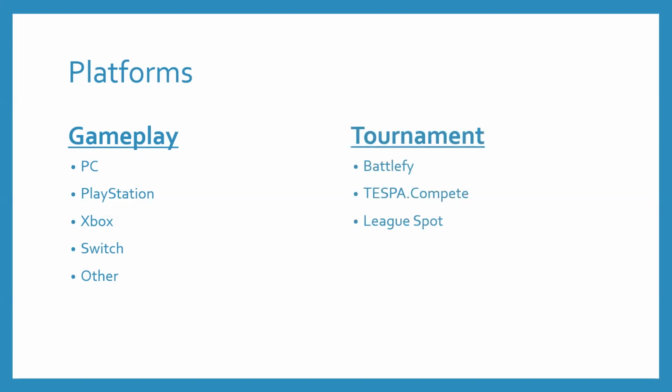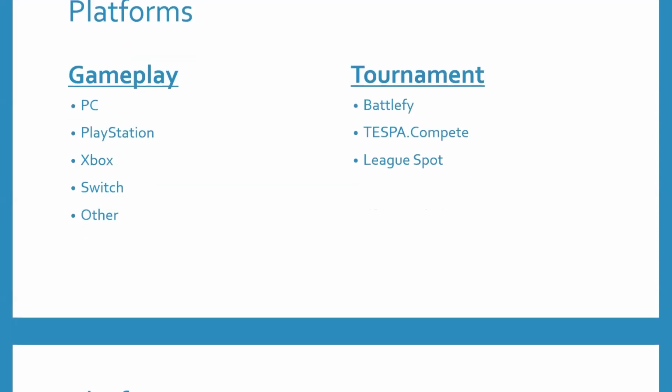Then your tournament platform: what are we actually logging on to access our games? Things like BattleFy, Tespa, LeagueSpot, all of these different online platforms that you can log into that give you your season information. This would be like the PlayVS portal or the High School Esports League website. Things like that give you information on who you're playing, what the rules are, stuff like that.